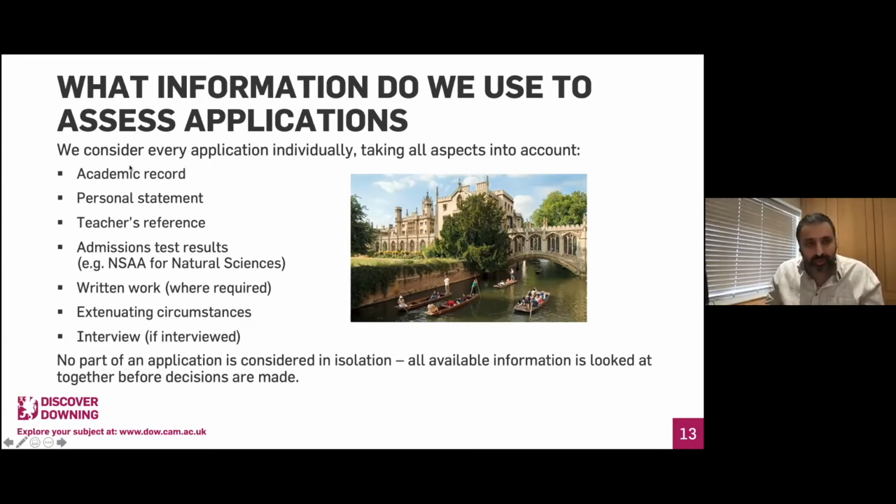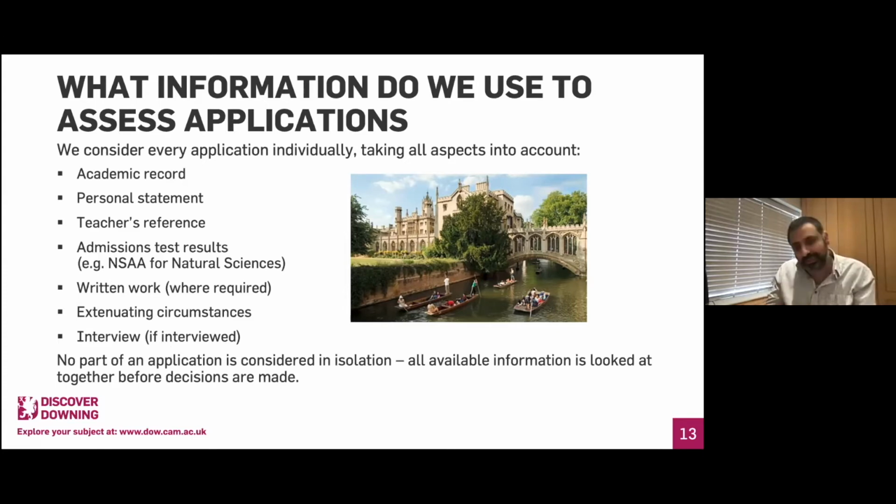Now, no one bit of this information that we're looking at takes precedence over the other. All of this information is looked at collectively, and we make a decision about an application based on all this information taken into consideration. So to give you some examples, we may have an applicant who has done outstandingly well in their interview assessment, but then maybe had a bad moment in one of their interviews.